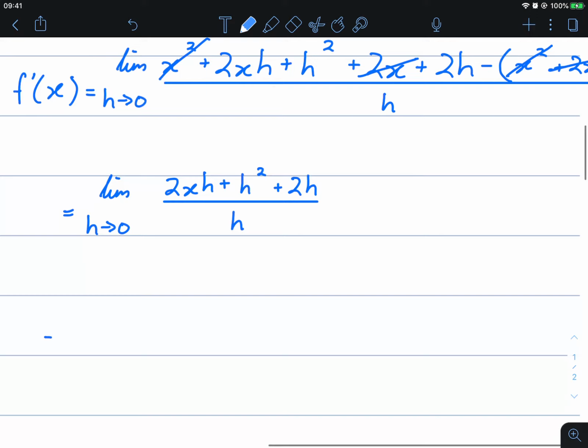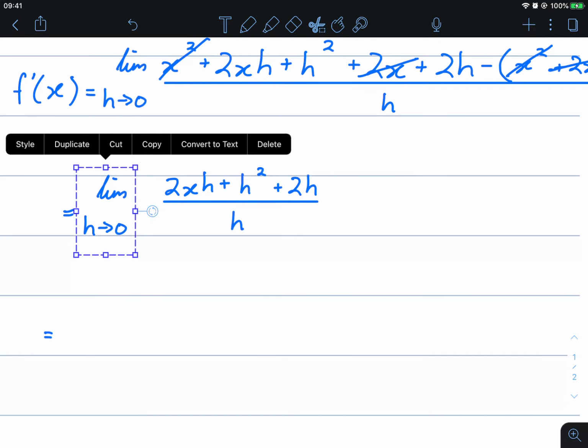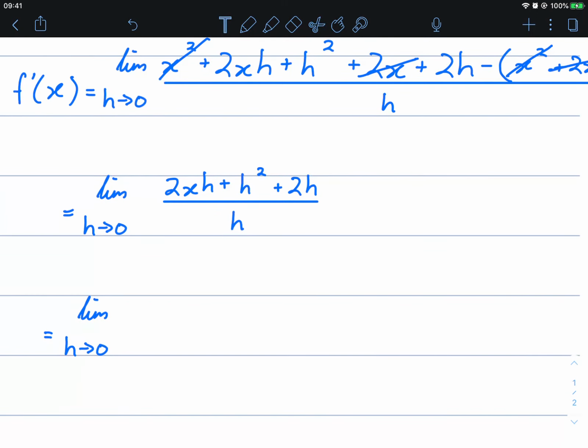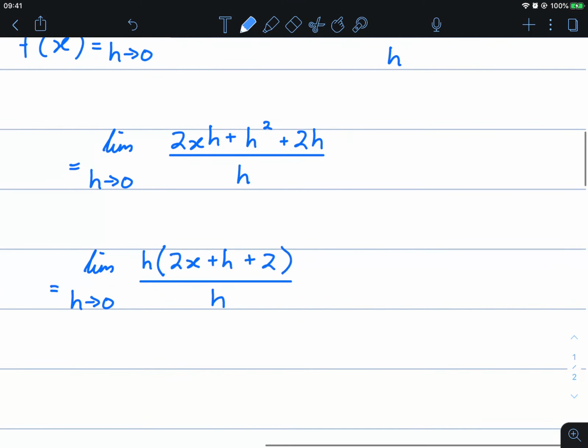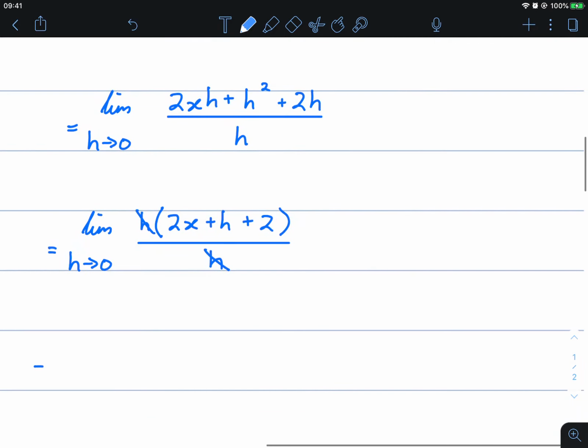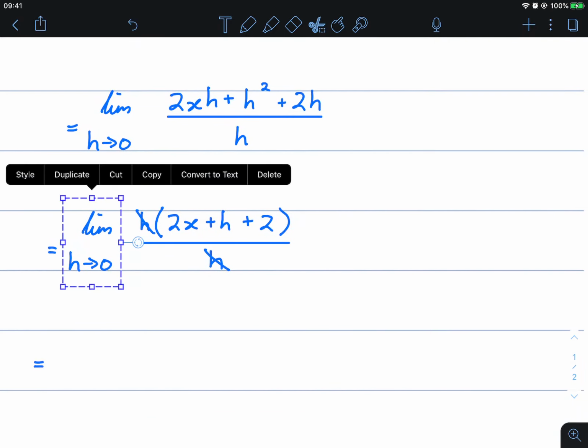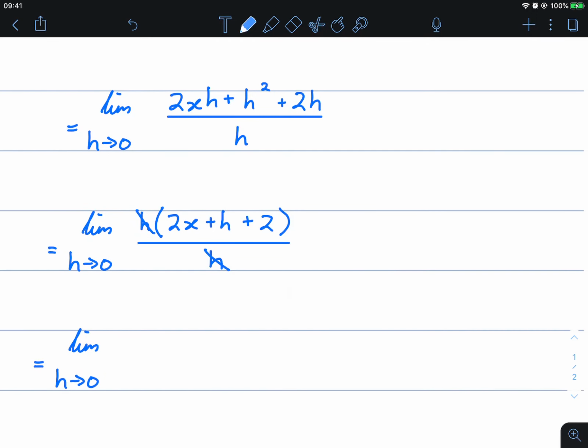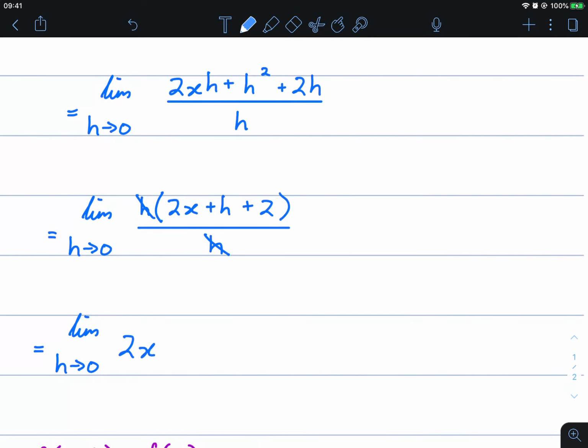Factorizing h from this, becomes h on the outside. This becomes 2x plus h plus 2 all over h. Cancelling the h's, we're just left with the limit as h approaches 0 of 2x plus 2 plus h.